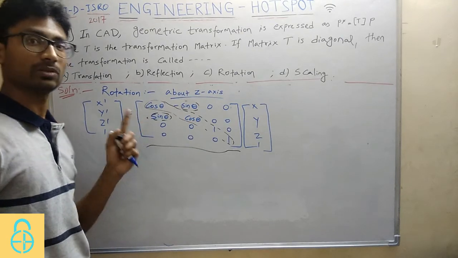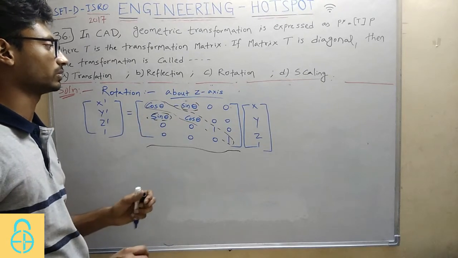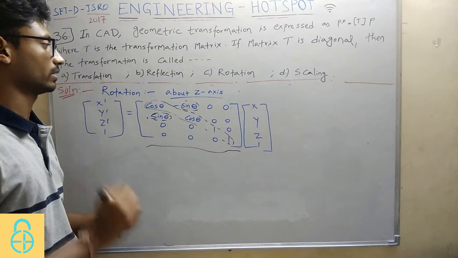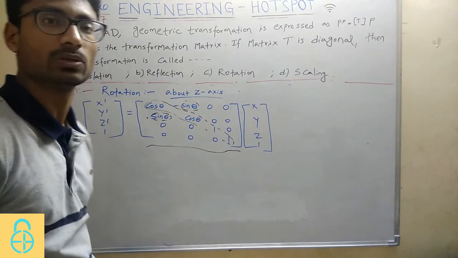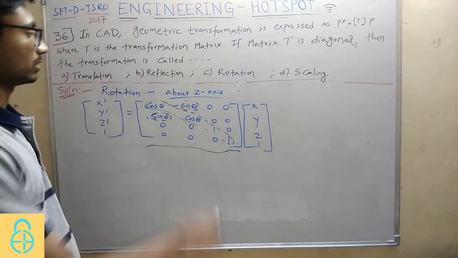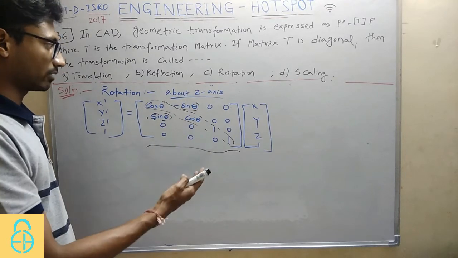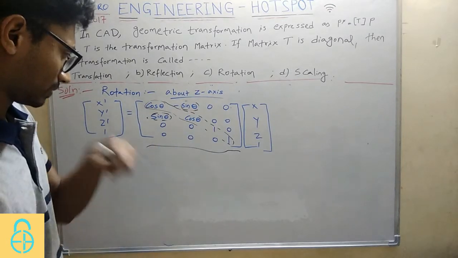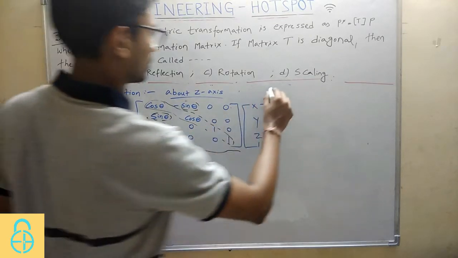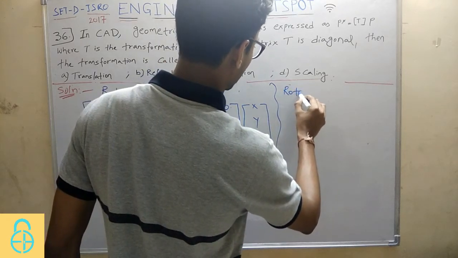It can be a diagonal matrix only when sin theta is 0, and we know that sin theta will be 0 when theta is equal to 0 degrees, or it can be pi, 2 pi, like that. So this cannot be a diagonal matrix every time. It can be a diagonal matrix only some of the times. So this is not the correct answer. So rotation is not our required answer.